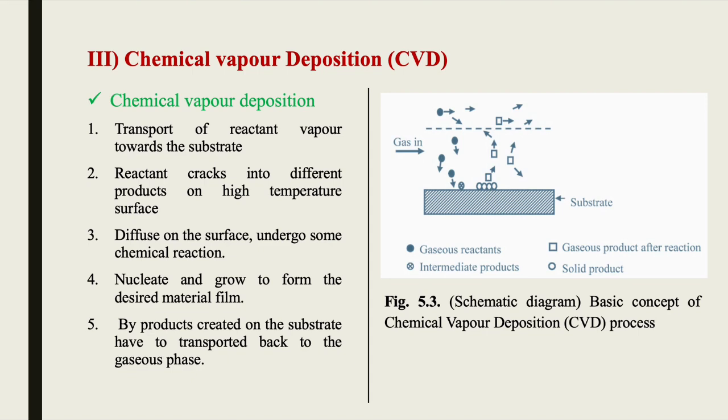This square is your byproduct. These byproducts go outside the substrate, into the vapor or gaseous phase, and that's how your CVD process goes on.